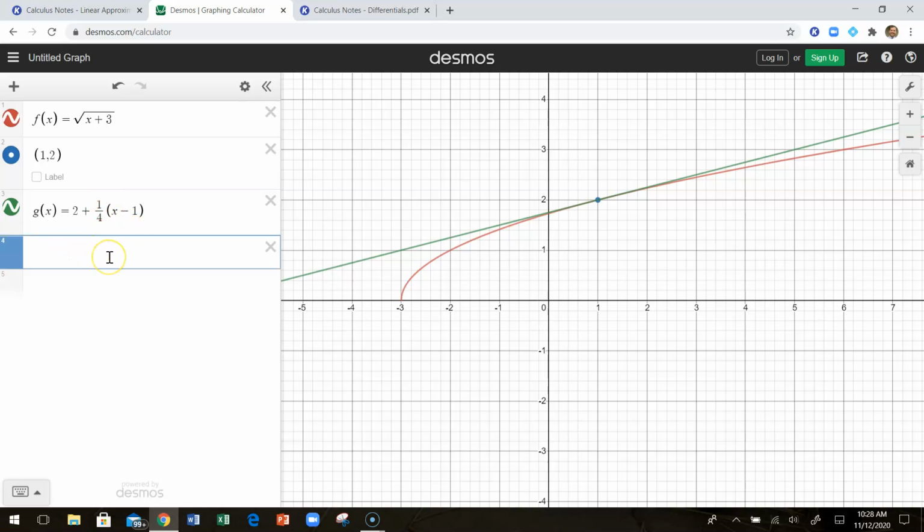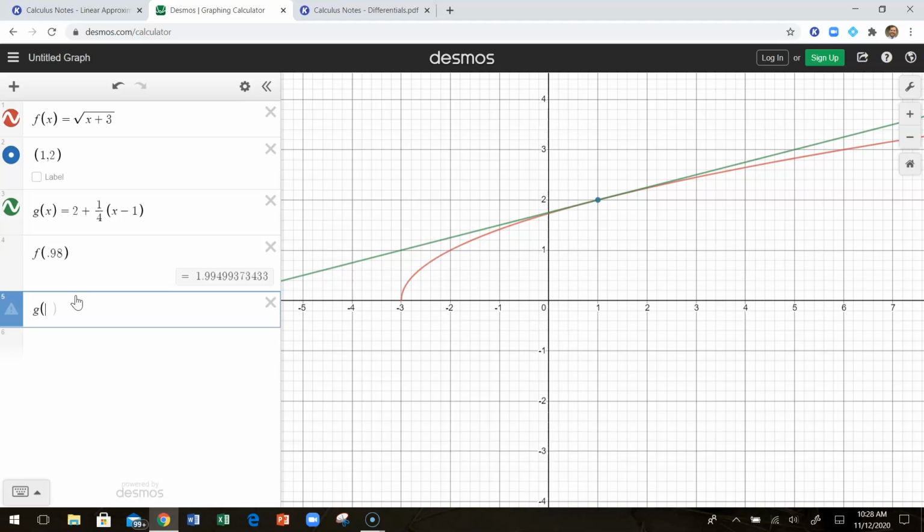And what we wanted to say was, instead of finding f of 0.98, so that would be the square root of 3.98, which is 1.9949, I'm going to do g of 0.98 and see how it is a very close approximation to what f of 0.98 was. So that's the answer that we get there, 1.995.